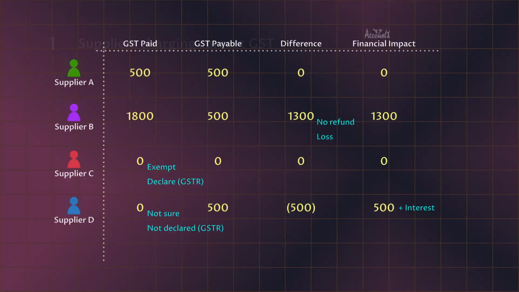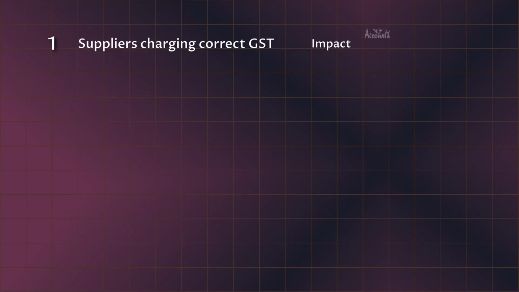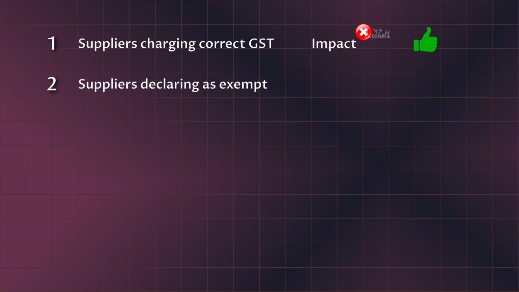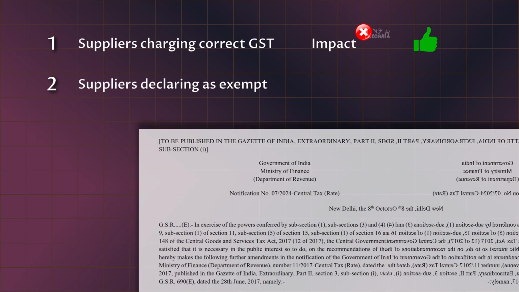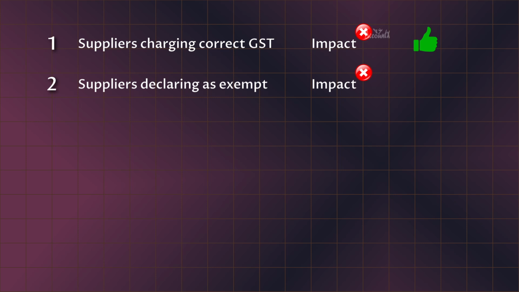Let's now summarize what we have understood so far. 1. Suppliers who charge correct rate. From our example A, there is no financial impact, which is fair. 2. Suppliers who declare the transaction as an exempt supply on the basis of some notification or other legal provisions don't end up paying GST.